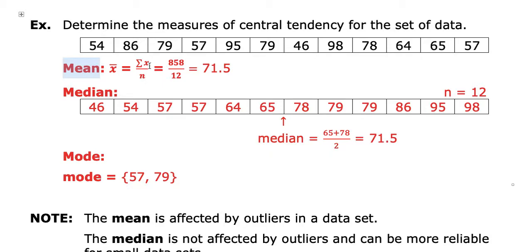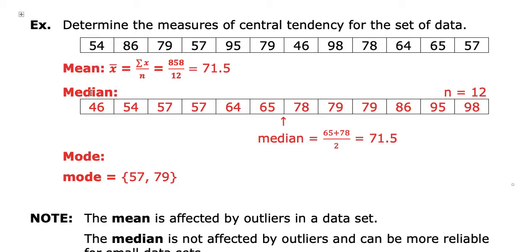So, that being said, the total when added all together is 858, and there are 1, 2, 3, 4, 5, 6, 7, 8, 9, 10, 11, 12 elements, n. When we divide, the value is 71.5. So this is sometimes referred to as the calculated middle, or average.